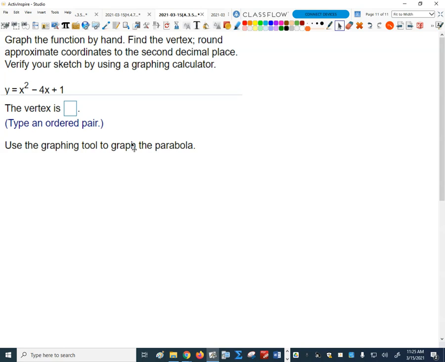Okay, type that out for me real quick. So ax squared plus bx plus c, right?